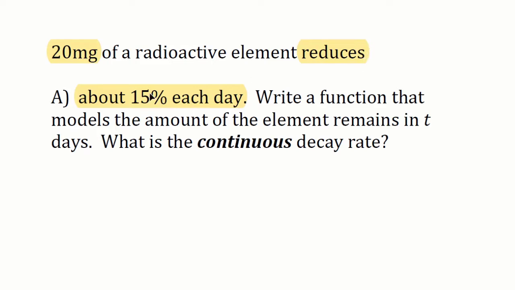Clearly we no longer call this a growth rate, but a decay rate. So basically this element is going to disappear about 15% each day. The term each day here also indicates that our default time period is in days. Okay, so the element is disappearing about 15% each day. So now our task for the function: write a function.